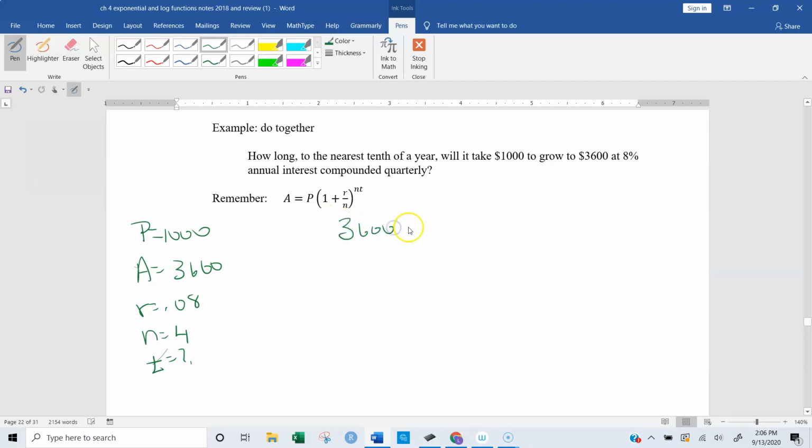So 3,600 equals 1,000 times 1 plus 0.08 over 4 to the 4t power. This is 0.02. Let's divide by 1,000 here to get rid of this. So now we got 3.6 equals 1.02 to the 4t power. All right, so now I have to get this t out.